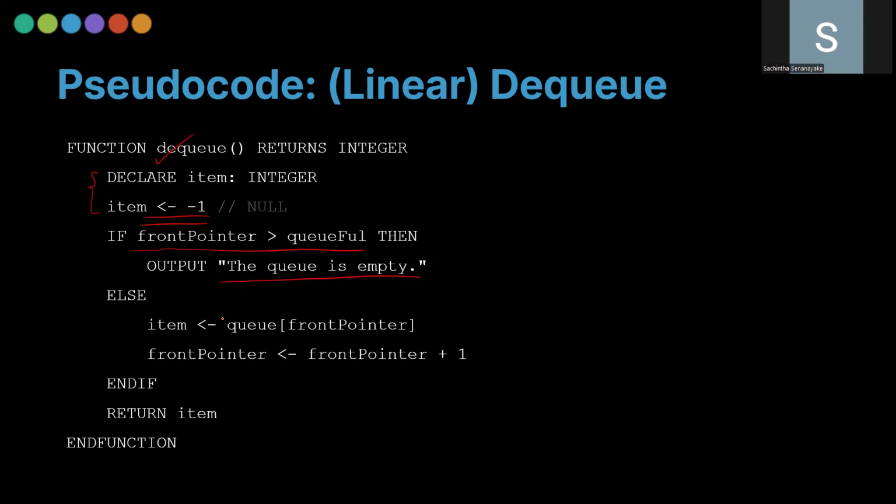Otherwise, if there is something to remove, then we set the item to the current front pointer's location in the queue, thereby attaining a copy of that item. And then we increment our front pointer by 1, and we return that item to the user. Right, that is the pseudocode for linear dequeue.